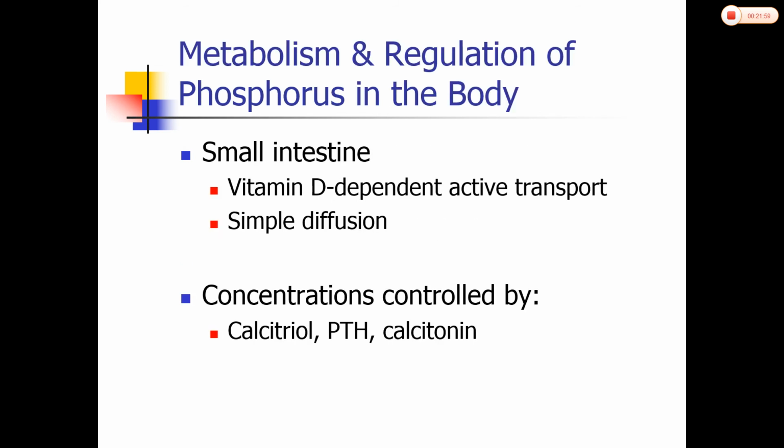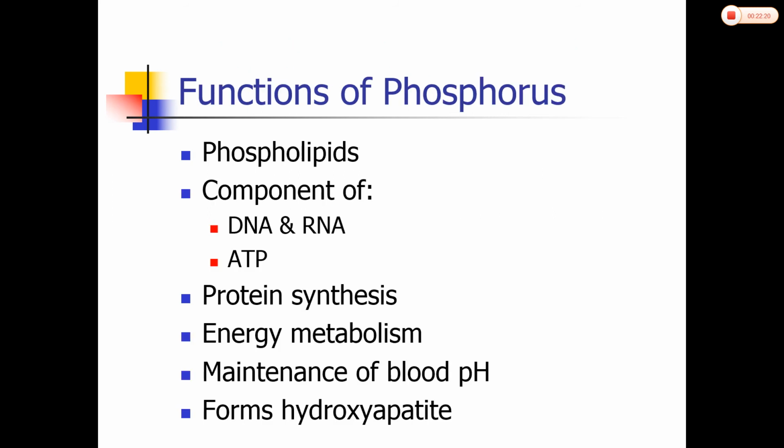So in the small intestine, the regulation of the phosphorus in the body is mostly maintained. They are dependent upon the vitamin D by active transport or the simple diffusion, or their concentrations can be controlled, like I said in case of calcium, by calcitriol, parathyroid hormone, and the calcitonin.